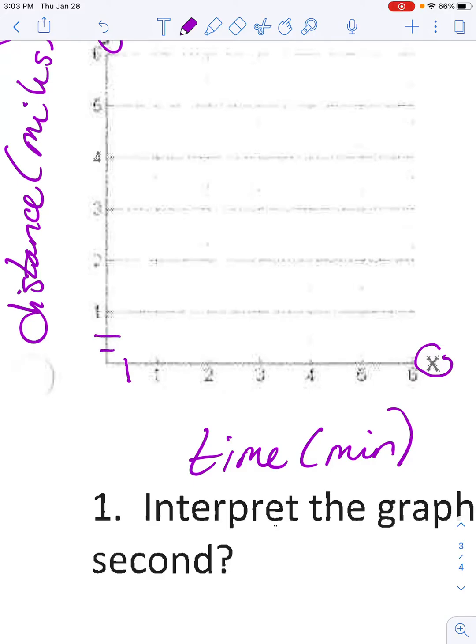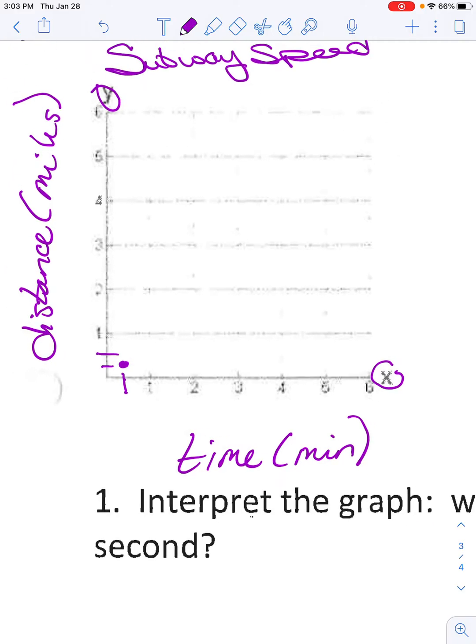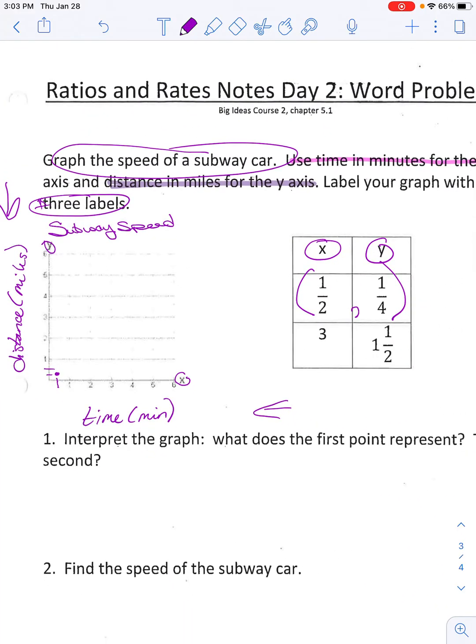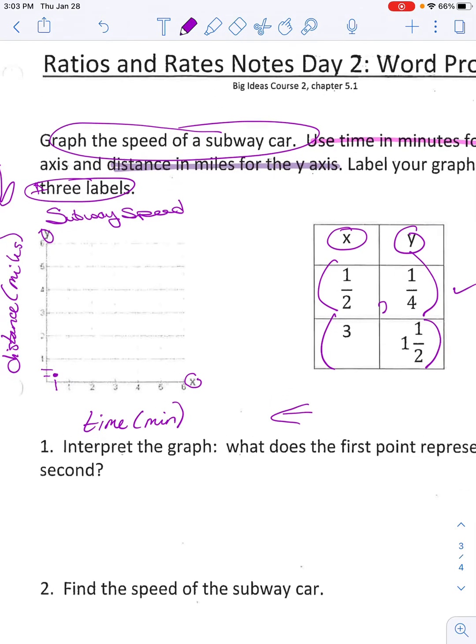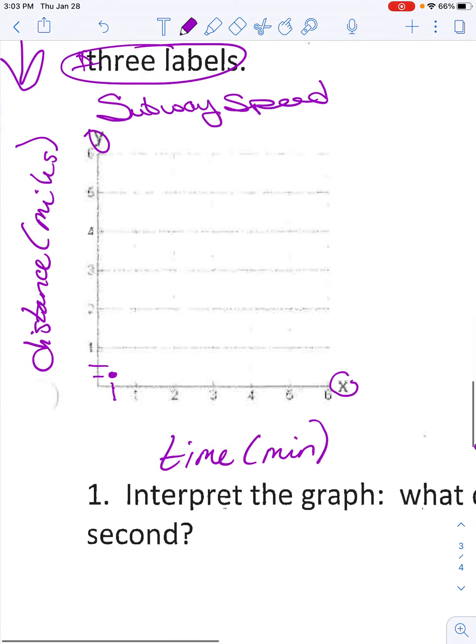Here's half, here's a fourth, 1/4 distance. At 1/2 minute, it has traveled 1/4 of a mile. And then 3, 1.5. At 3 minutes, it has traveled 1.5 miles.